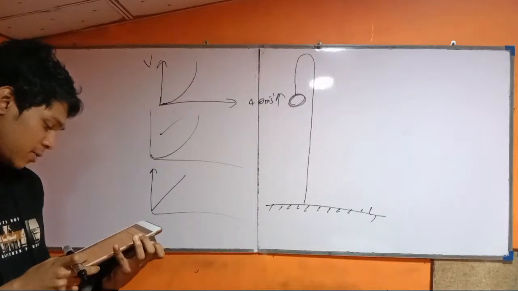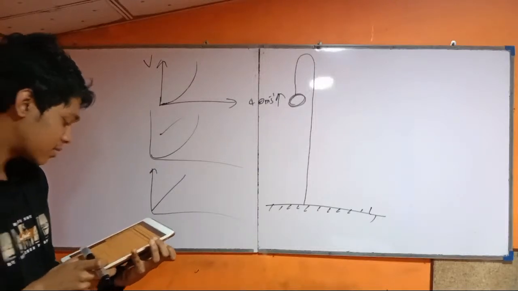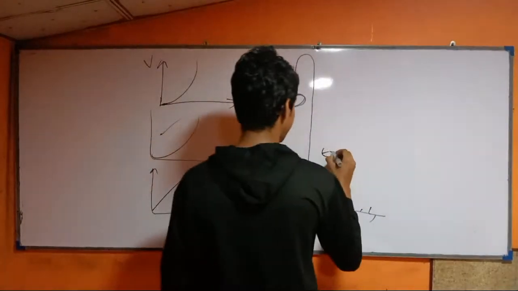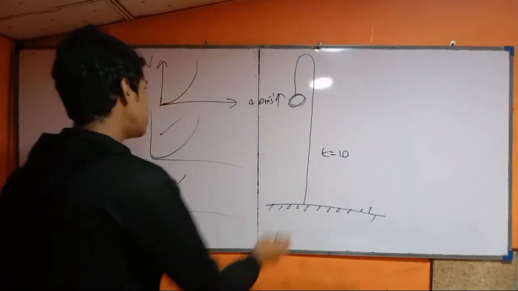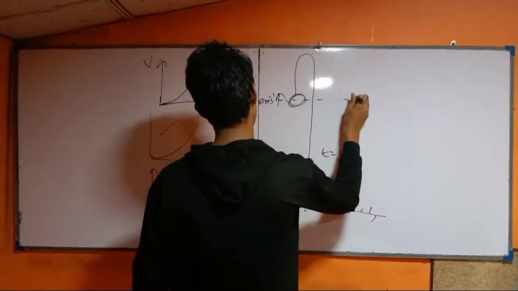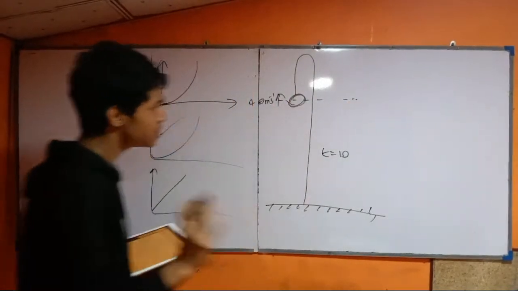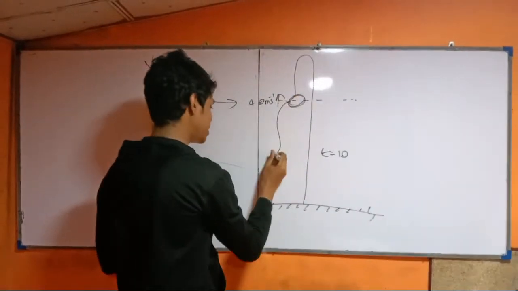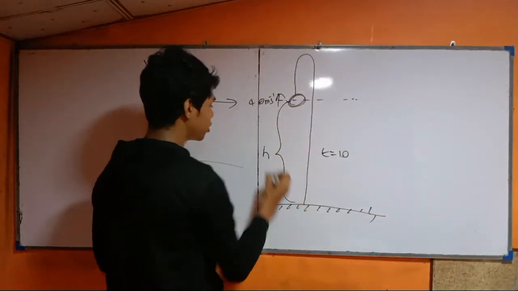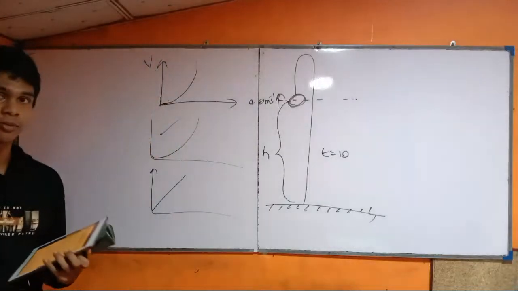Then it hits the ground from the top of the tower after 10 seconds. So time is going to be 10 seconds. It will go up, then come down. So what is the displacement of this? No matter wherever it goes, the displacement is finally the initial position to the final position. It's going to be h.